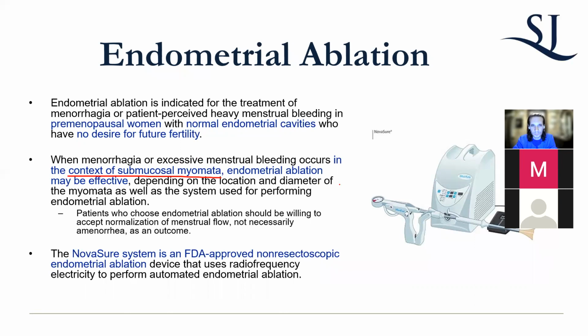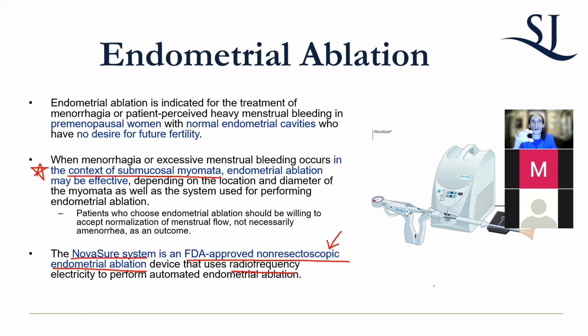But there's an asterisk here, because the NovaSure system is really the only FDA-approved non-resectoscopic endometrial ablation, and you can't use the resectoscopic ablative techniques anymore because they were recalled. Okay, this one used radio frequency ablation.